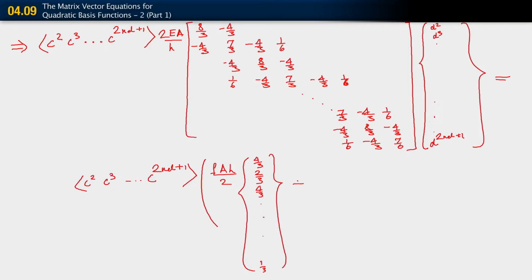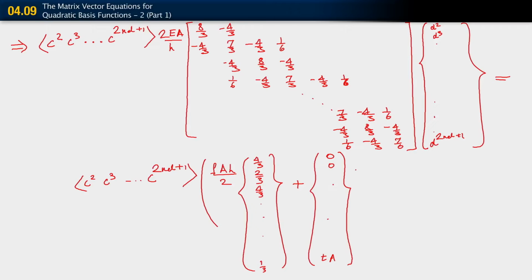We have the contribution from traction, which is full of zeros, except for the last component, which is T times A. Okay? Now, that column that we moved over from the left-hand side shows up here.